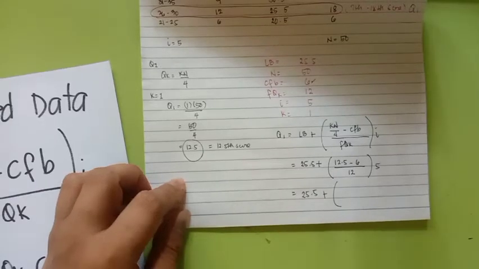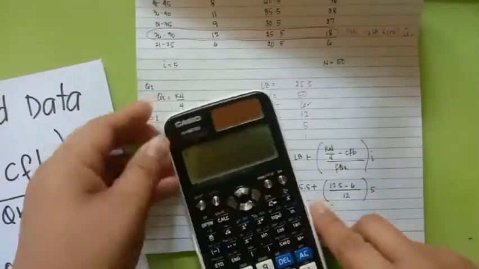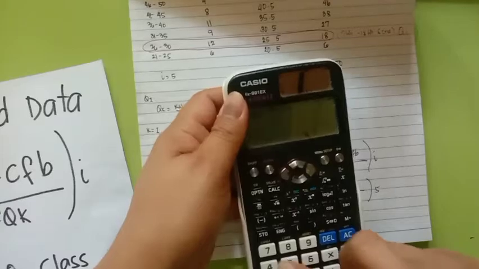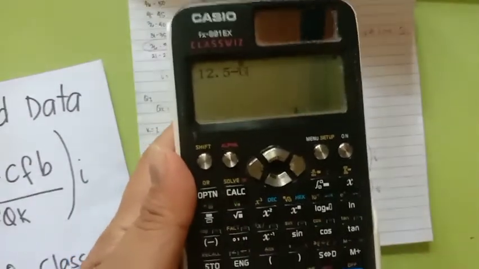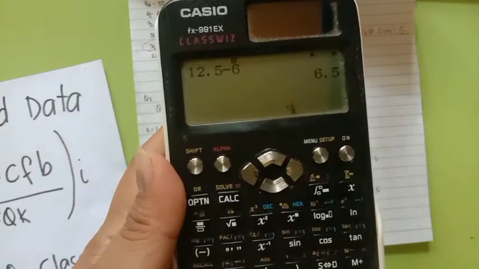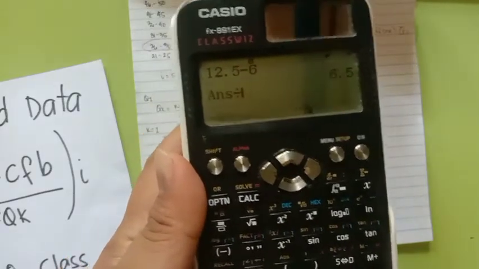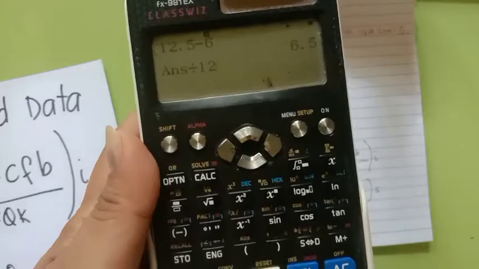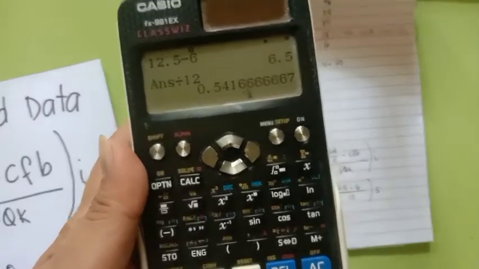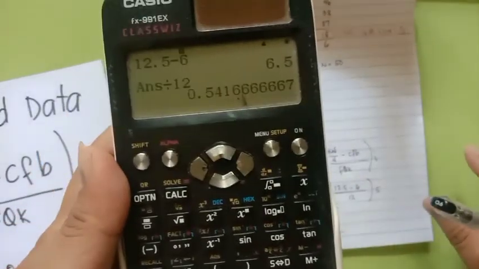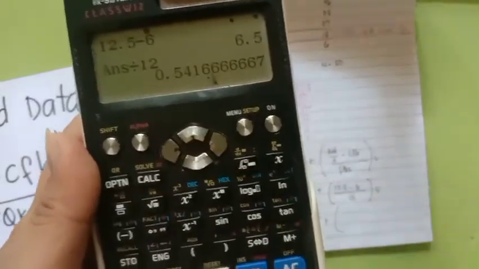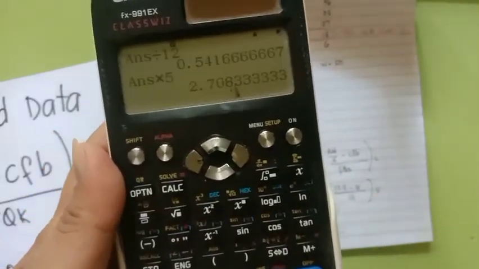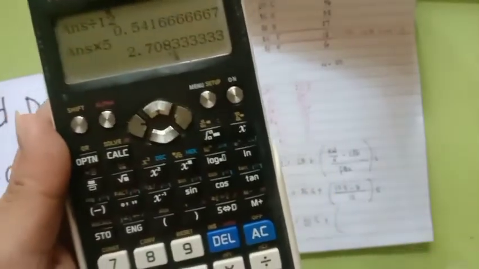Gamit na tayo ng calculator dyan. So, that is 12.5 minus 6 is equal to 6.5 divided by 12. So, that is 0.54166667. I-multiply na natin siya sa 5 times 5. Then, i-add na natin sa 25.5.